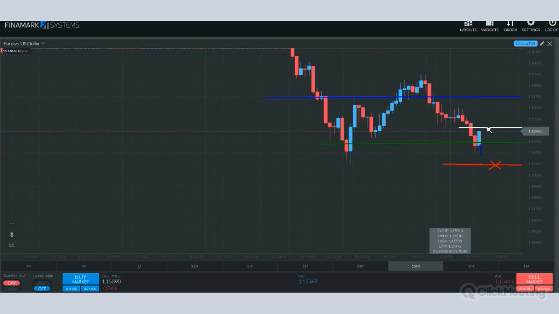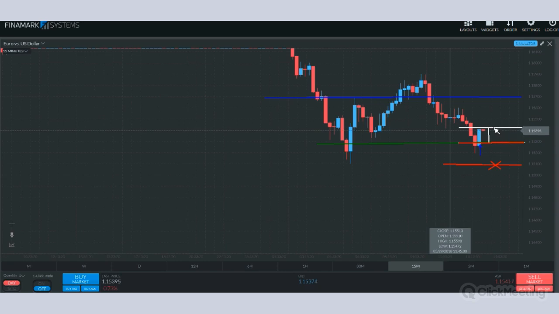But if the distance between our entry point and the location where we're expecting price to go is 10 pips, the beautiful thing about the trailing stop is it's going to say, okay, we're constantly going to move your stop loss 10 pips behind the highest point that price has achieved. That means every time price reaches one tick higher, our trailing stop is going to go one tick higher.